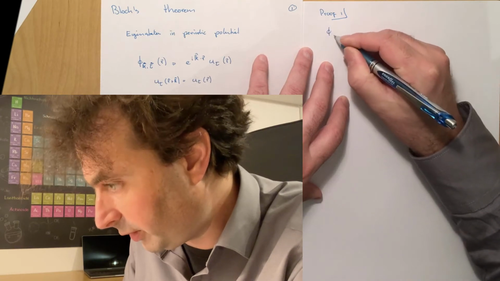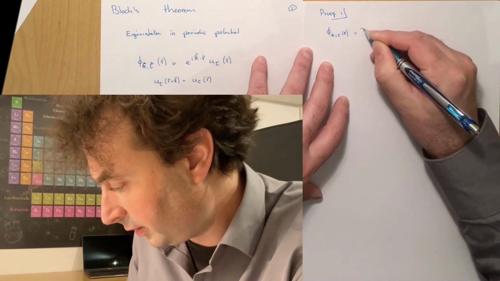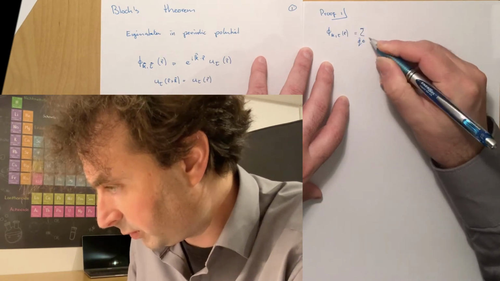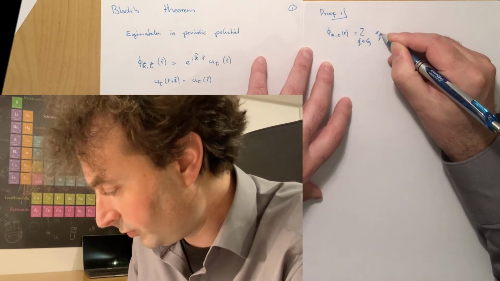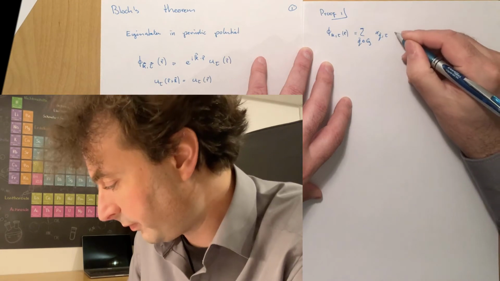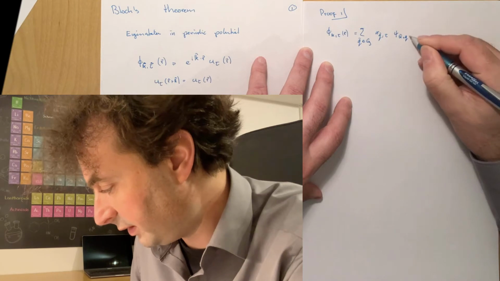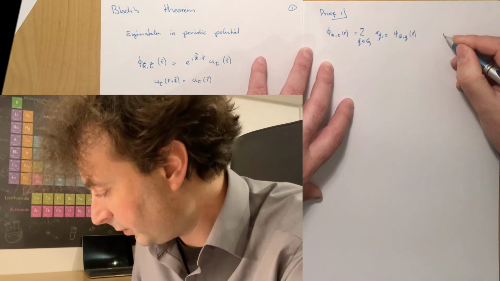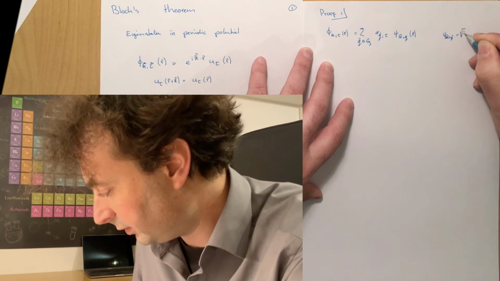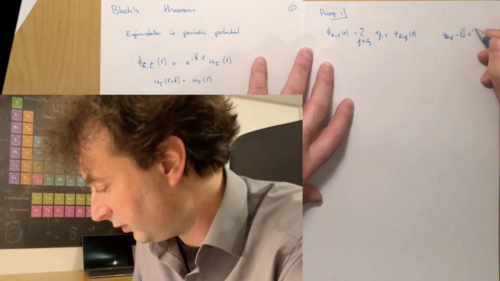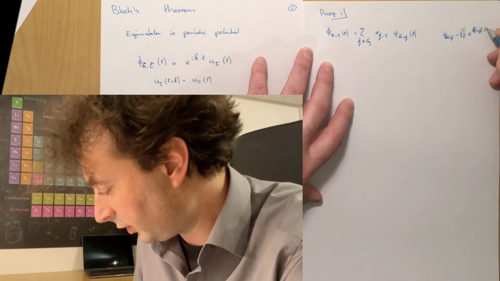So we've seen before that we can write our wave function as a sum over all reciprocal lattice vectors, some complex number times a plane wave with the wave vector that is the lattice vector, where ψ_{k+q} is equal to √(1/V) e^{i(k+q)·r}.